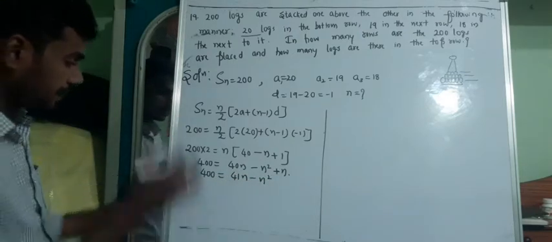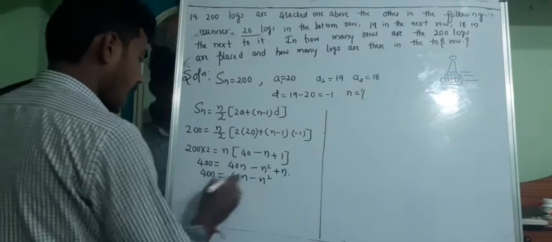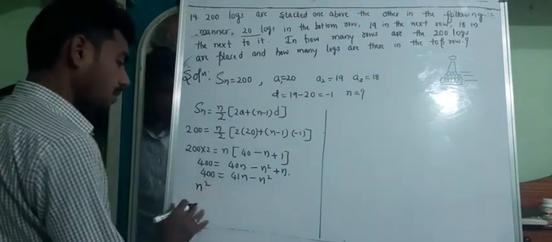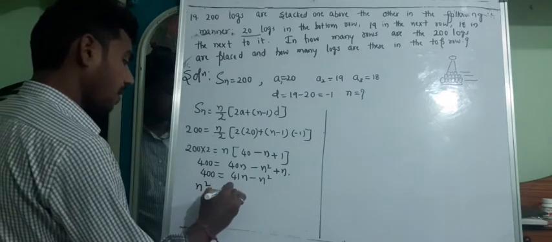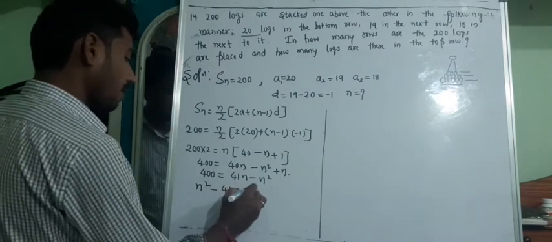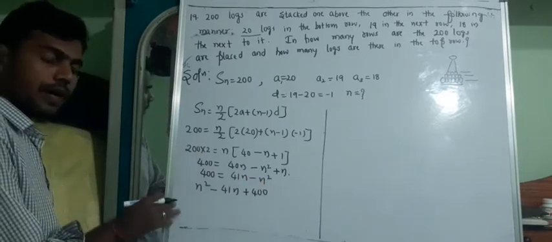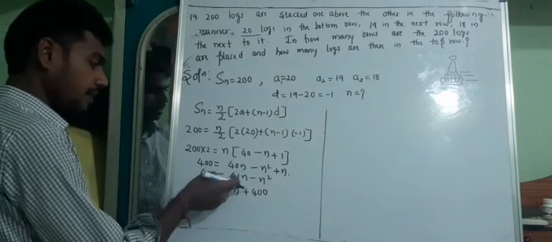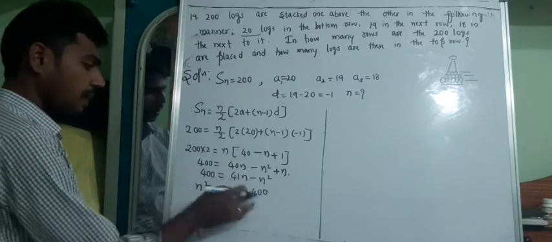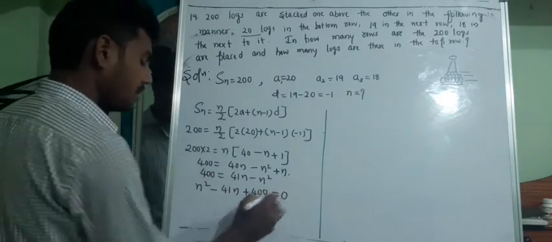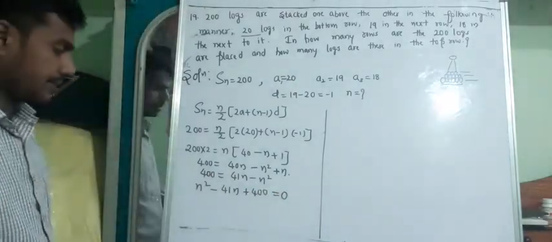Next, it can be written as n square minus 41n plus 400. See, this n I am going to transfer to the left hand side. Then this will become minus, this will become plus, 400 as it is equal to 0. We need to solve this equation.